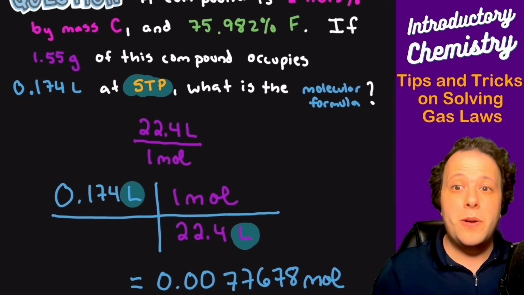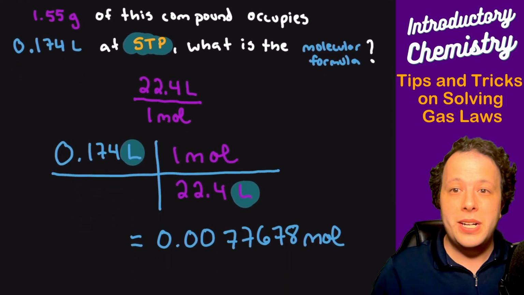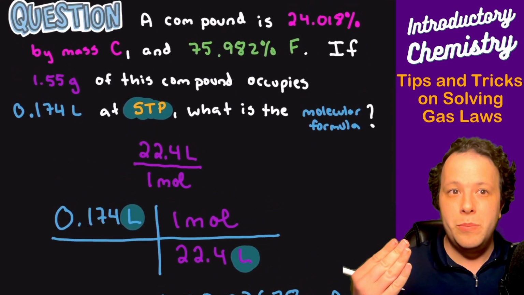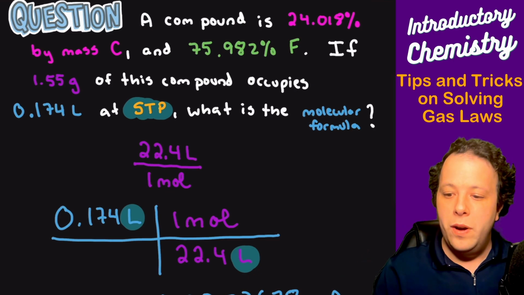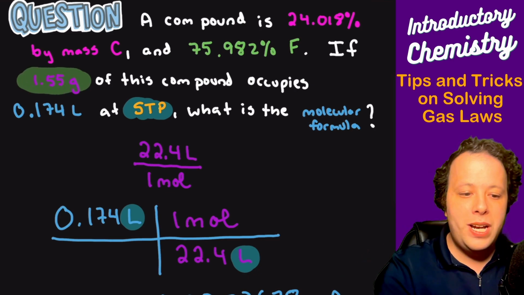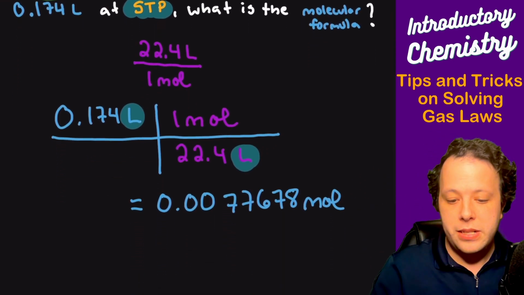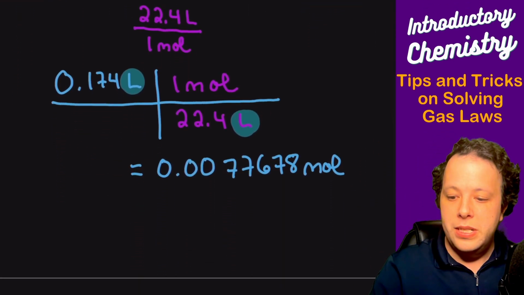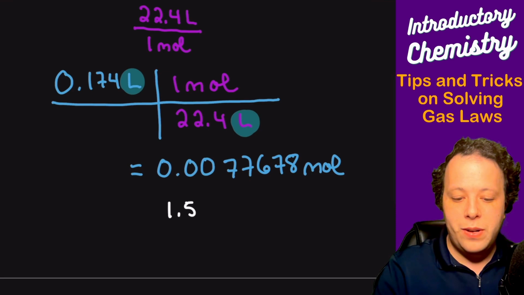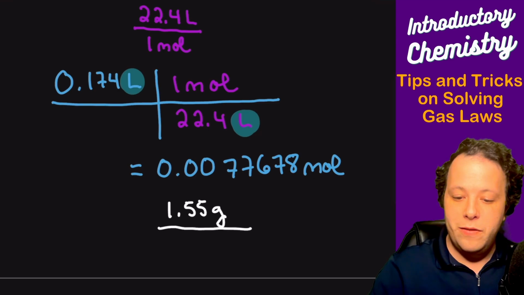Now to figure out our molar mass, if you keep in mind, we have to do grams divided by moles. So we were given 1.55 grams earlier. So let's find out what our molar mass is. What I'm going to do is take that 1.55 grams, and then divide it by the number of moles that we just obtained.